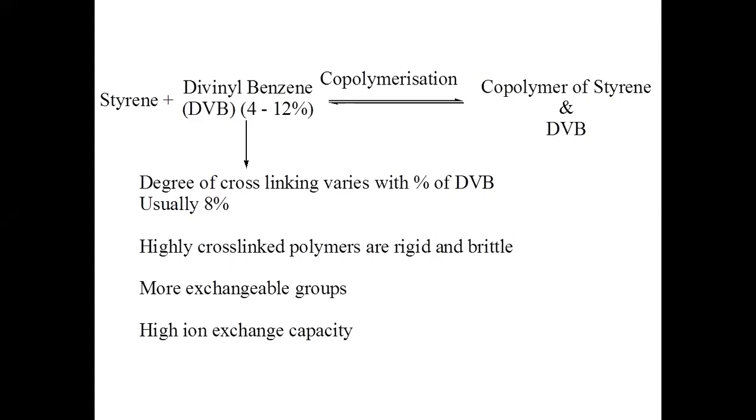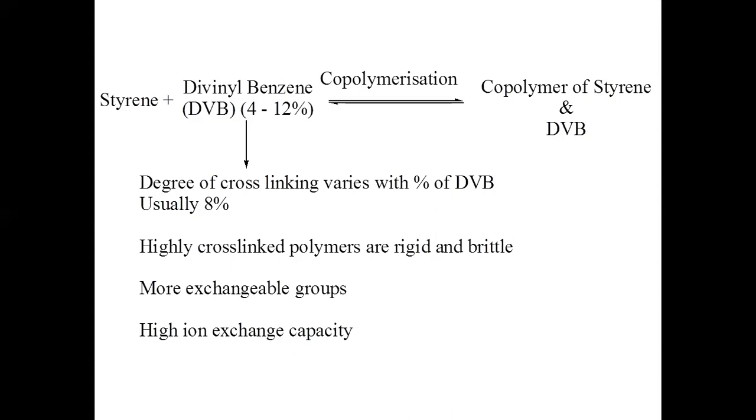A copolymerization reaction will be initiated by mixing styrene with at least 4 to 12% of divinyl benzene in order to get a copolymeric substance of styrene and divinyl benzene. Here, the divinyl benzene is used up to 8%, and this is going to give you appropriate cross-linking for the resin. A copolymer will have a highly cross-linked structure.